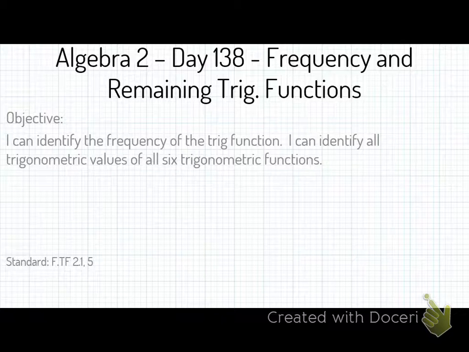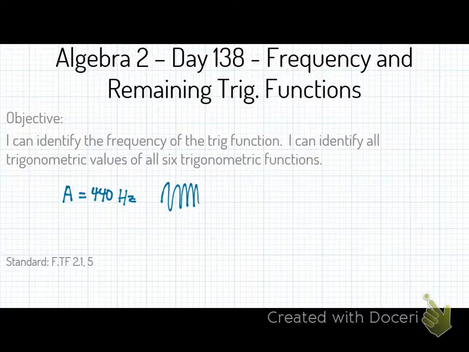So, for example, in music, you might have an A note, and an A note has a frequency of 440 hertz, okay? And you're like, who cares about that? But what that means is that in 1 second, a note's frequency will wiggle 440 times.